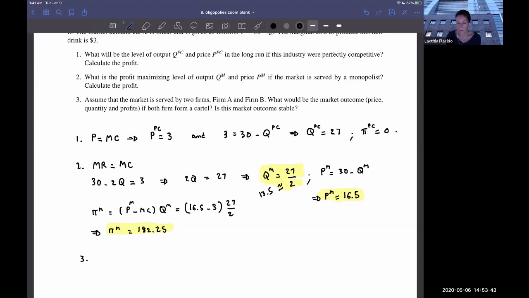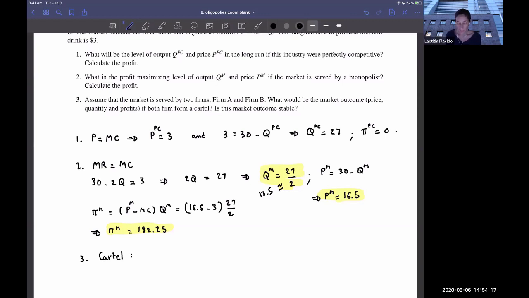But now that you have 2 firms on the market, the only way for them to reach the highest possible profit is to coordinate somehow on the monopolist situation, okay? So what the firms are going to do, assuming that they are able to form and to sustain a cartel, they're going to produce at the monopolist level, and they're going to charge the monopolist price, and they are going to split the profit equally between them.